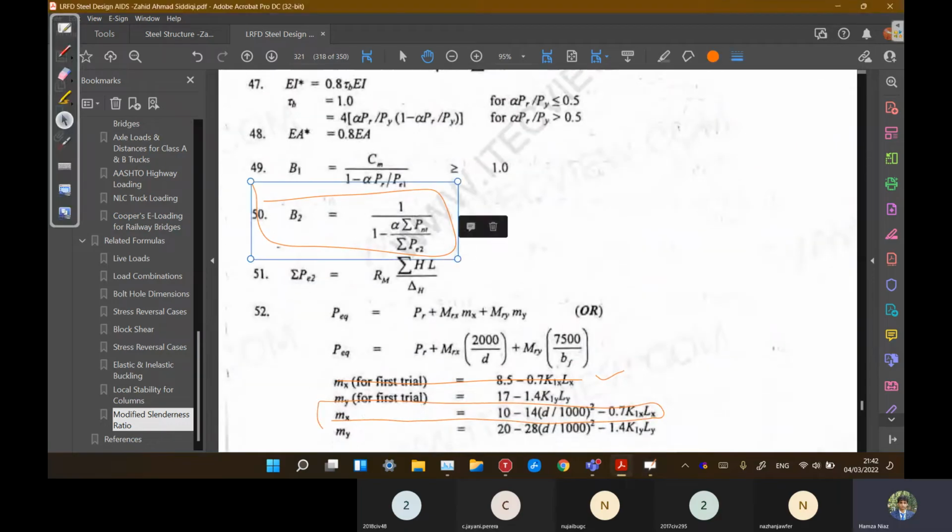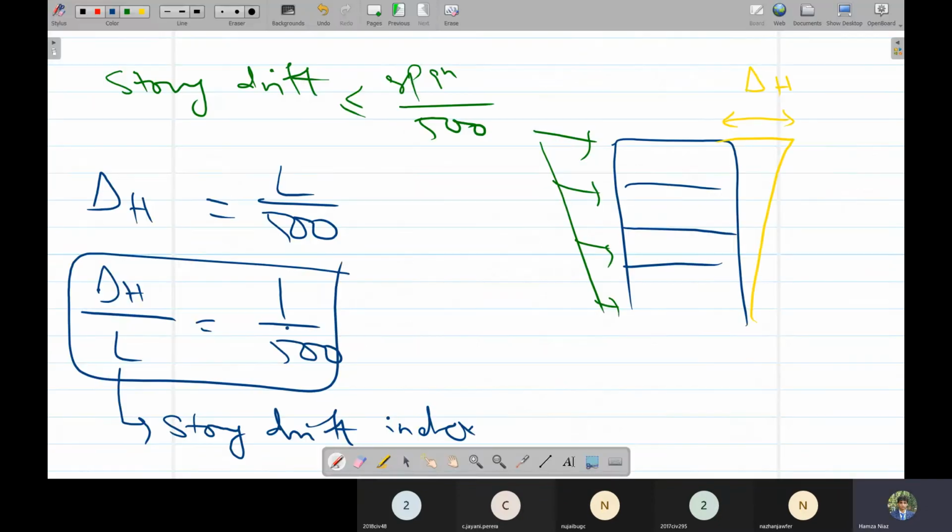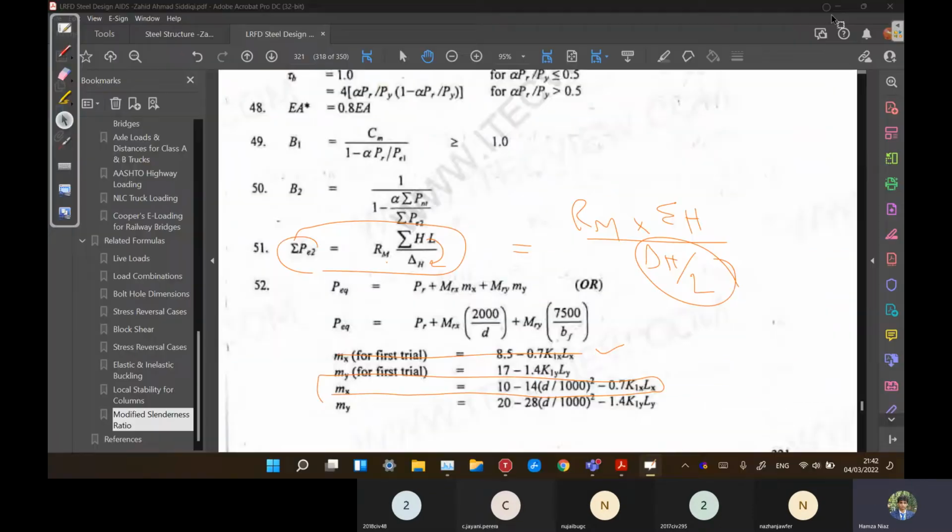So if we are given this one, then we have to find PE2 by this formula. Just this change would occur. This is Rm times the summation of all lateral forces, times L over delta H. So this is the drift index: Rm times the summation of all lateral forces divided by the drift index. If the drift index is 1 by 500, I simply plug in 1 by 500. And Rm is the modification factor for the building.